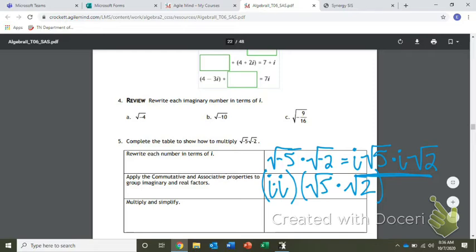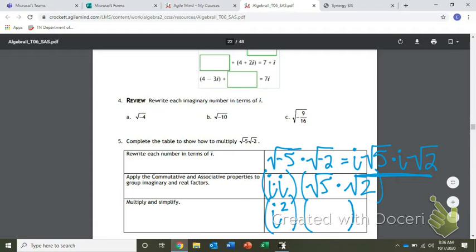Now it says to multiply and simplify. So what is it? i times an i. An i squared. So I have an i squared. Now, when you multiply square roots, you just multiply the number under the radical.